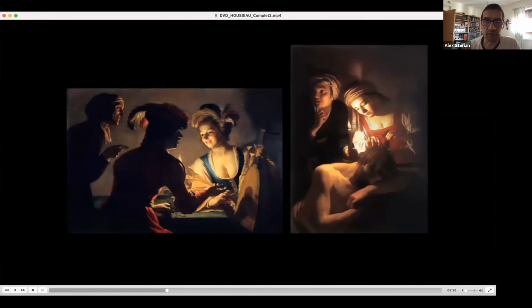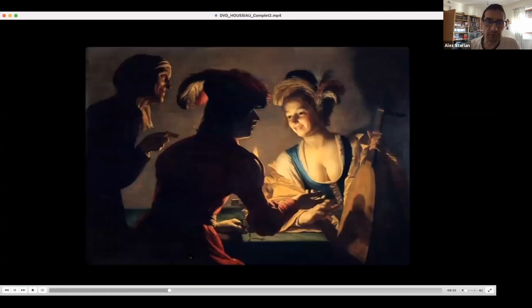Of course, most of the paintings which they have used, and I chose that as an example in my course, are mainly with the light in the composition.